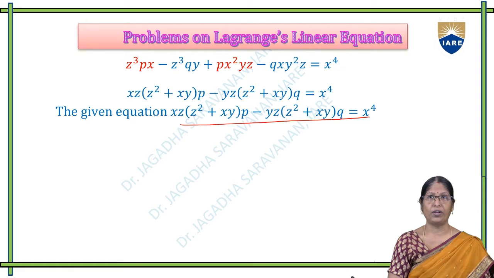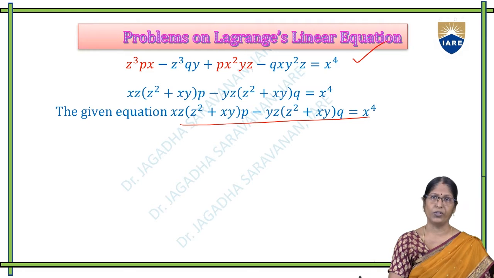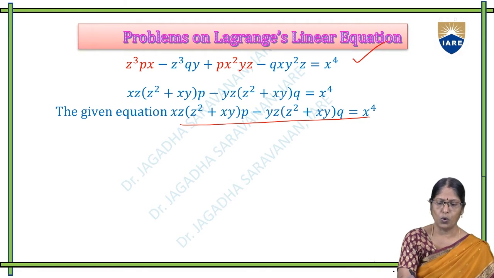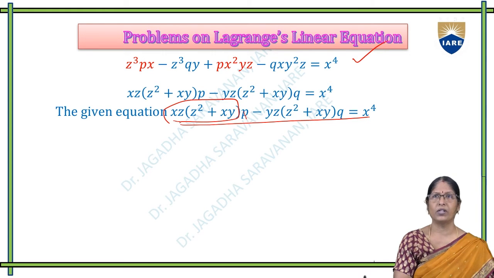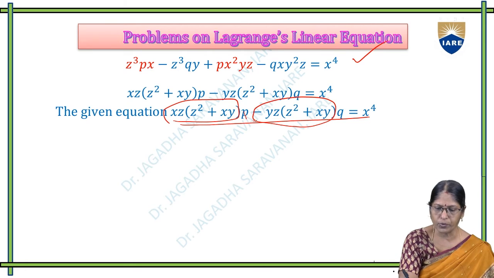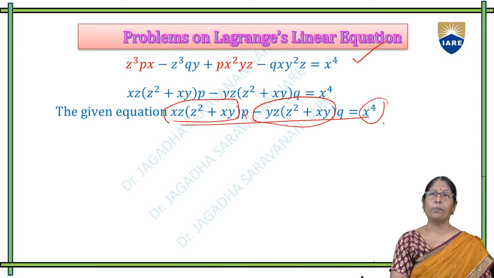Our given question is modified and we obtained the result in such a way that it satisfies the condition of Lagrange's linear equation. This term I am circling is capital P, this entire one is capital Q, and this is playing the role of capital R.